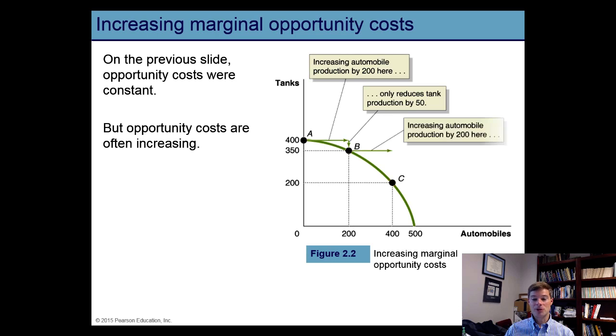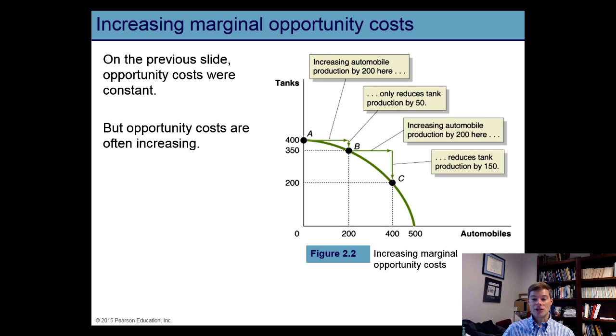But if we continue to produce additional automobiles, moving from point B to point C, then the opportunity cost in terms of tanks will become larger. Here, as we move between points B and C, the opportunity cost of producing 200 additional automobiles is 150 tanks.